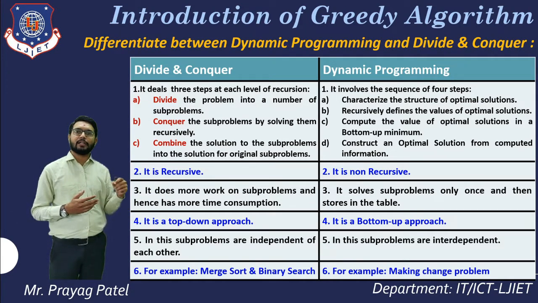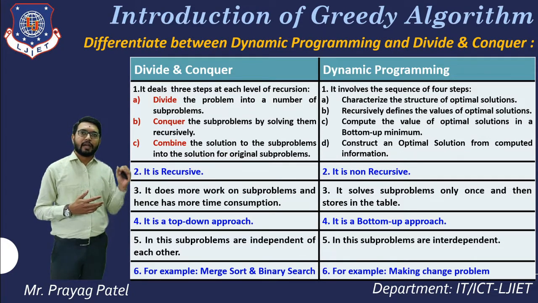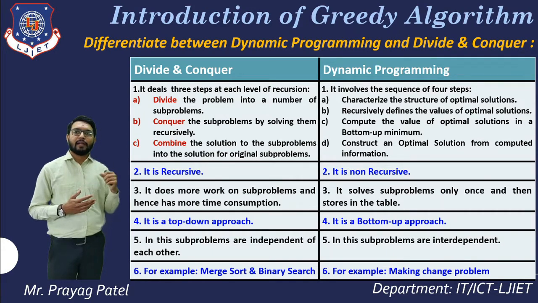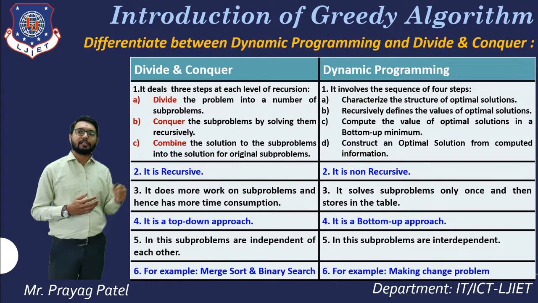Now the next point is that divide and conquer is a top down approach. First we divide the problem into subproblems like this. And dynamic programming is considered a bottom up approach, because using the backtracking method we follow the bottom up approach to find the solution. Now the fifth point is that in divide and conquer the subproblems are independent of each other.